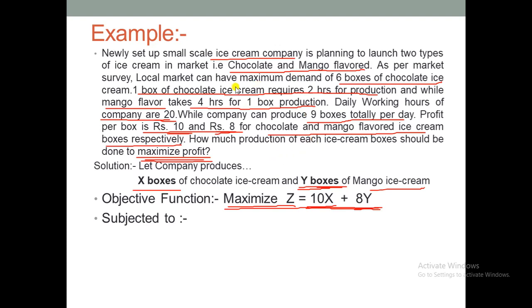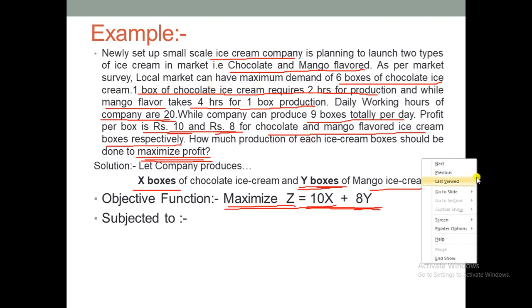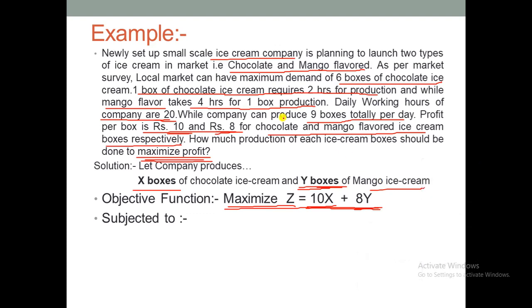the constraint equations. Okay. Now one by one we'll see the constraints. The first thing given in the problem is that the local market can have a maximum demand of 6 boxes of chocolate ice cream. That means the maximum number of boxes that can be sold in the market for chocolate is 6, and we have considered x boxes of chocolate ice cream.